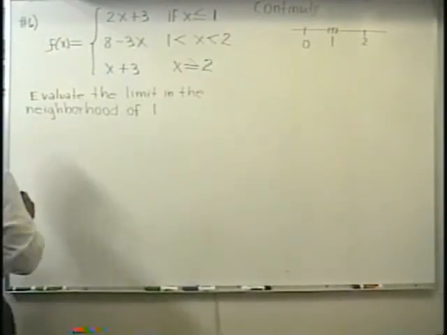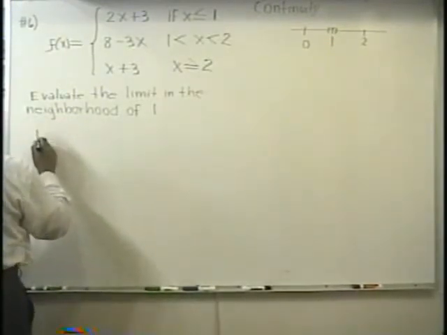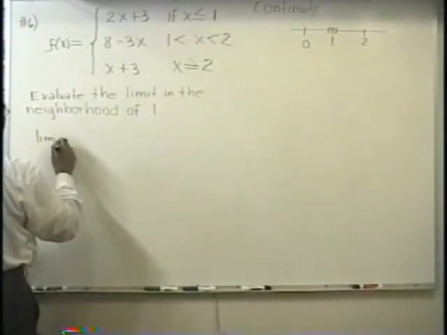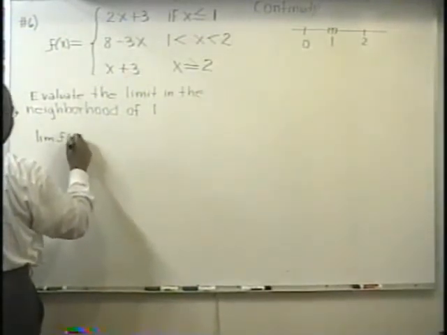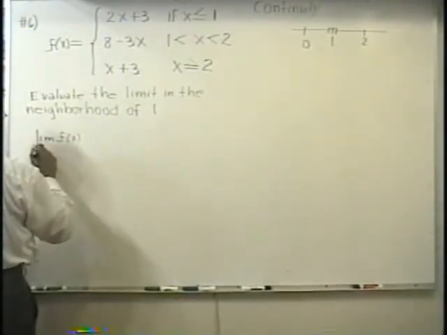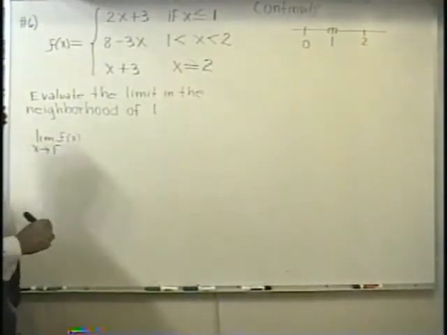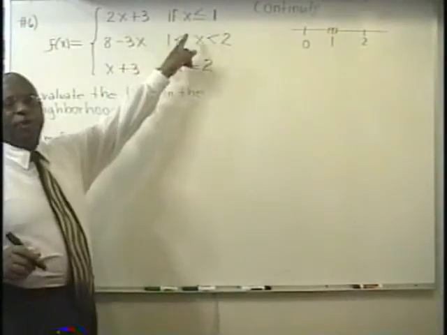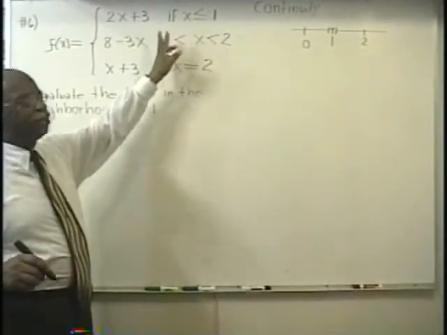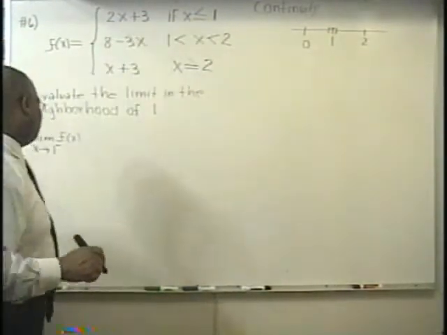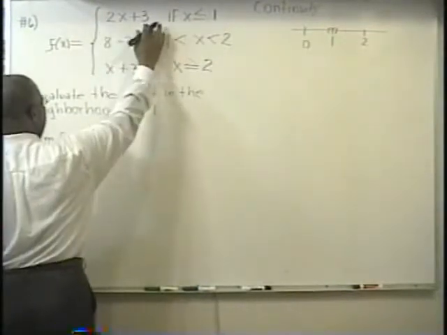Alright, so now we want to see what the limit is. So the limit of f of x as x approaches 1 from the left. Well, this tells us that if we have any numbers that are equal to or less than 1, we have to use that function. We have to use this expression.